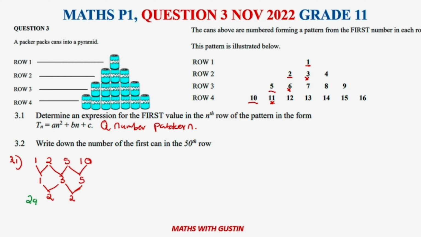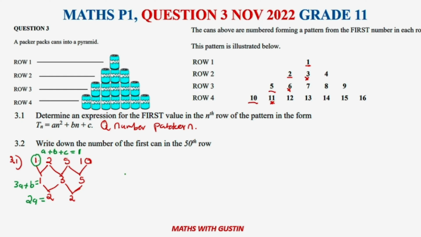You need to know that 2a is equal to the second difference, 3a + b is equal to the first term of the first difference, and a + b + c is equal to the first term, which is 1.